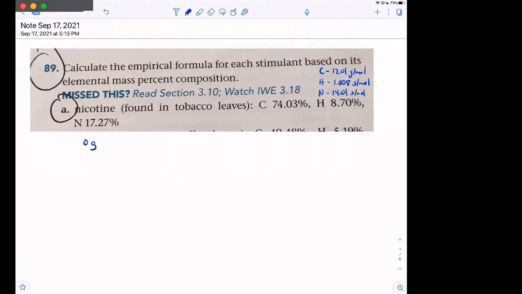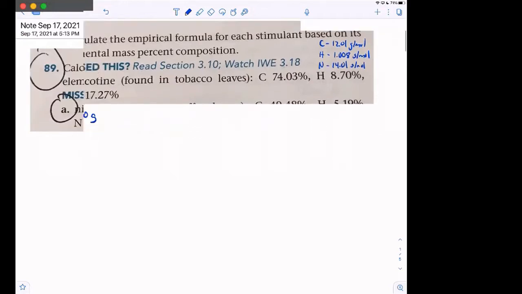Then you have 74.03 grams of carbon, 8.7 grams of hydrogen, and 17.27 grams of nitrogen. The next thing you need to do is convert to moles.